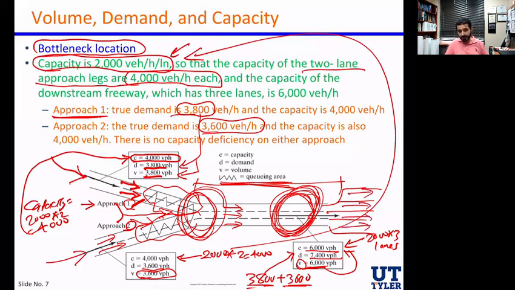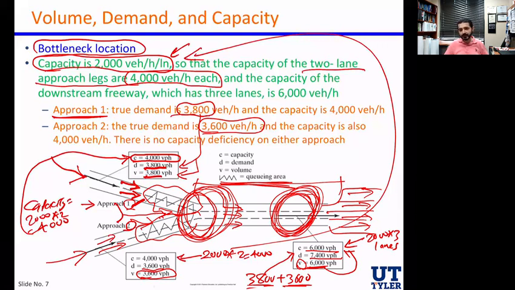And once you have 4 lanes instead of 3, there is no problem anymore. That's why we call it a bottleneck location, because it exists right here where you have a transition from 2 lanes for approach 1 and 2 lanes for approach 2 into 3 lanes only. Therefore, the demand exceeds the capacity and the problem starts.